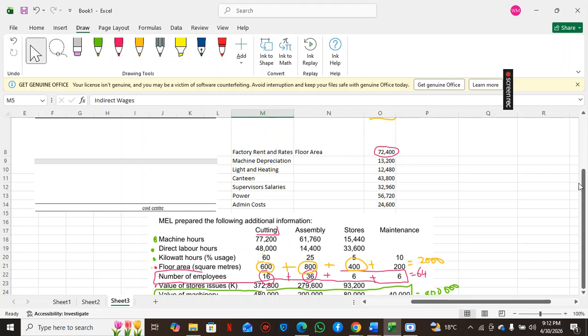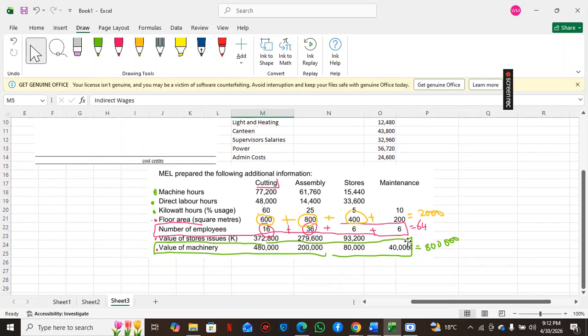So when we come to our table here for floor area, as you can see, cutting 600, assembly 800, stores 400, maintenance 200. You get the total floor area, which is 2,000.